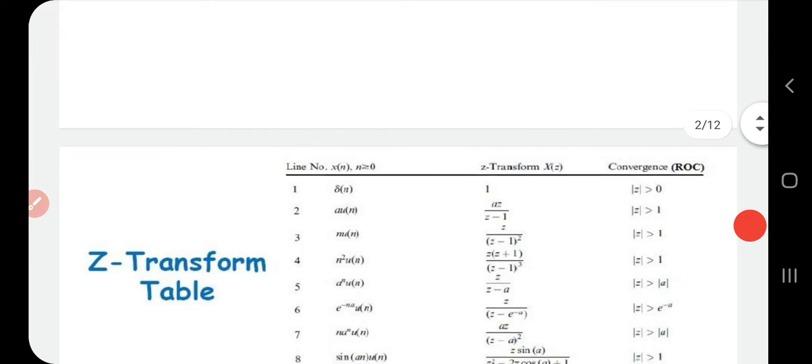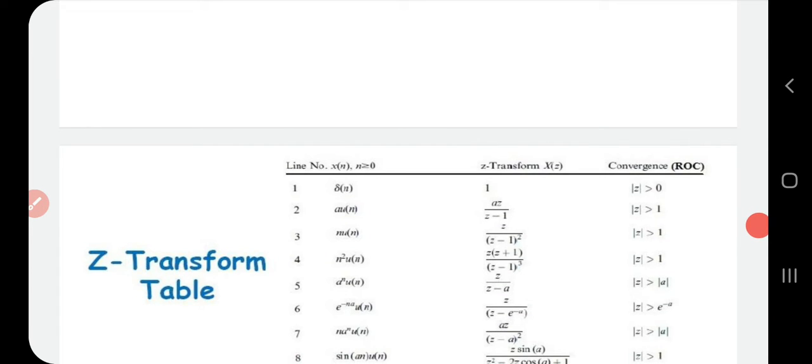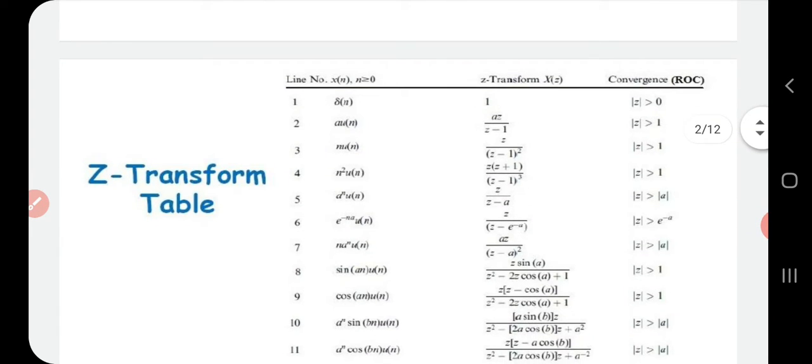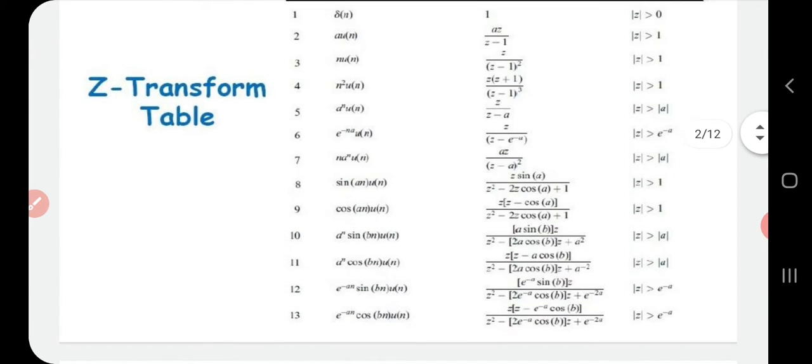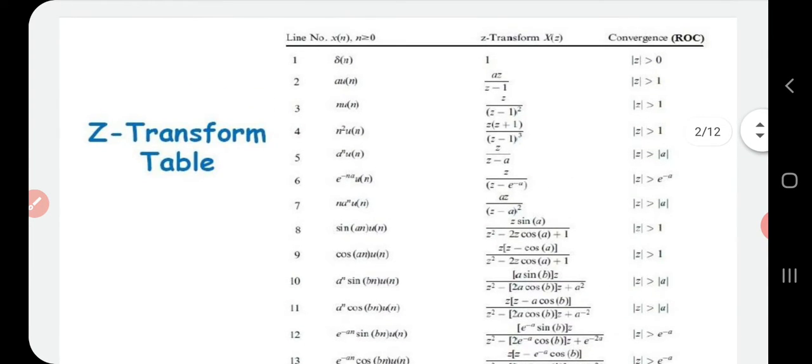Okay, now let us start today's topic. This is just a table summarizing the Z transforms. You can refer to this. There is no need of studying it by heart, but if you do, you can write the answers to the questions very soon.